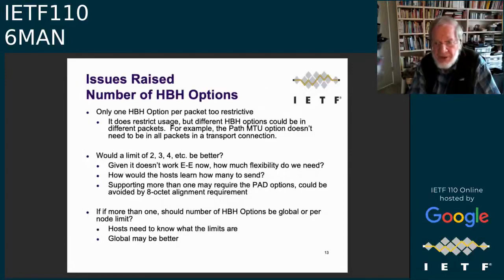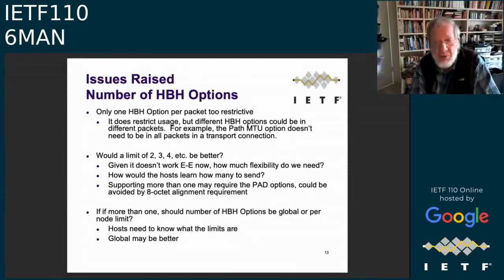Obviously, it depends on the design of the option. The path MTU option is particularly designed to not be in all packets. Maybe a general comment here is that hop-by-hop options can be a very useful and powerful mechanism, but if they're overused, it breaks the ability to use them. So thinking about this in the future, I think we need to be careful about what we would define as hop-by-hop.